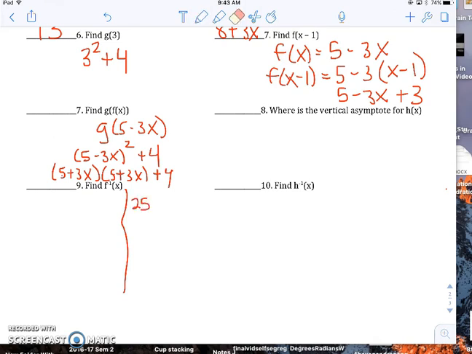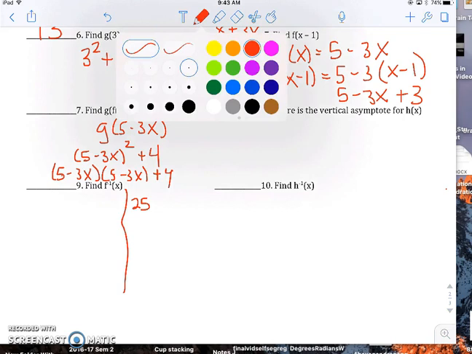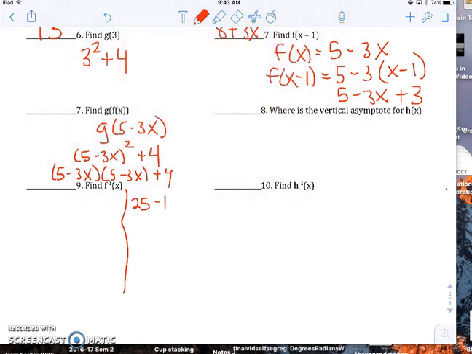Excuse me, these should be minuses. So 5 times negative 3x, negative 15x. Negative 3x times 5, negative 15x. Negative 3x times negative 3x is 9x squared, plus 4. So if we simplify, we have 9x squared minus 30x, and 25 and 4 make 29.